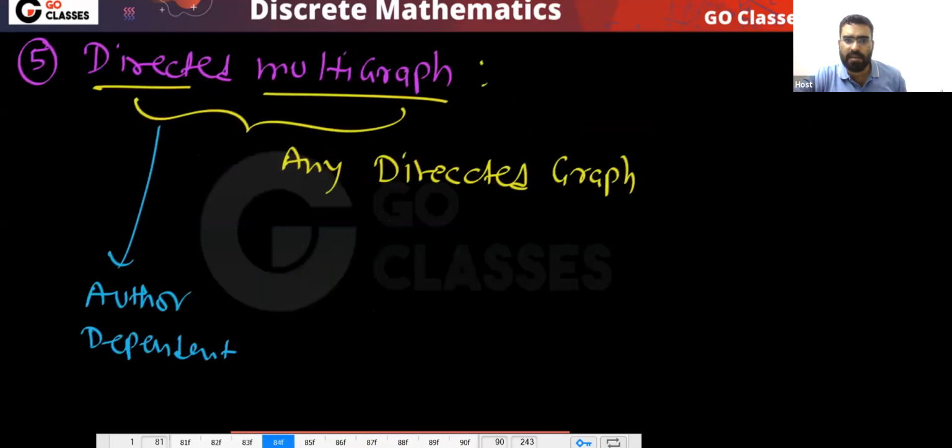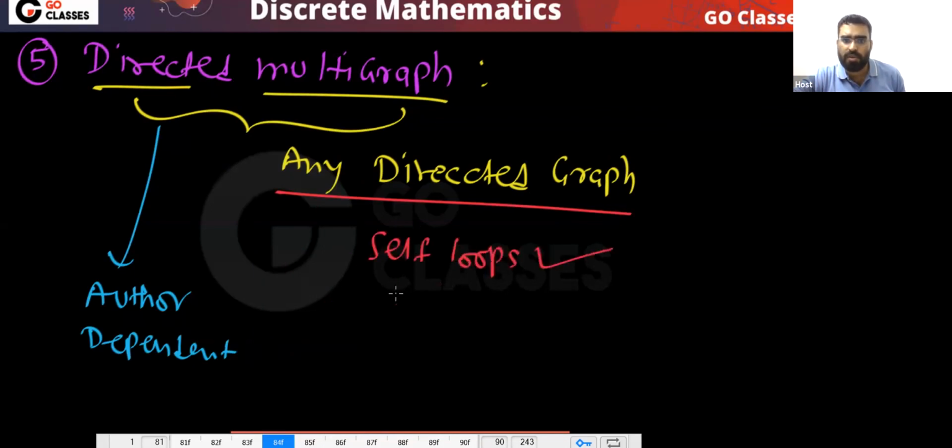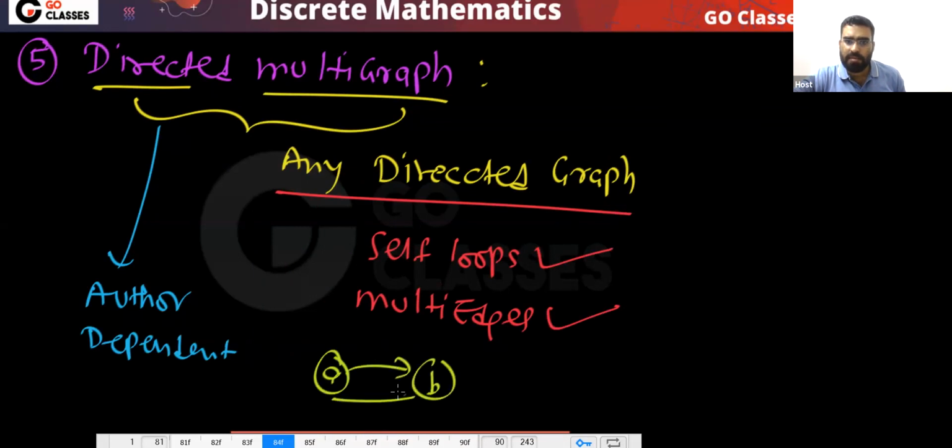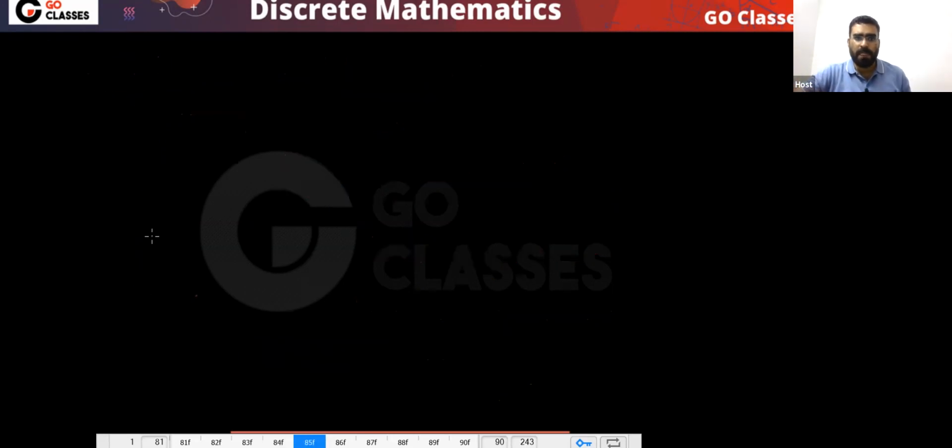So a directed multigraph simply means any directed graph, with self loops and multi edges allowed. For example, this type of graph A, B is a directed multigraph.